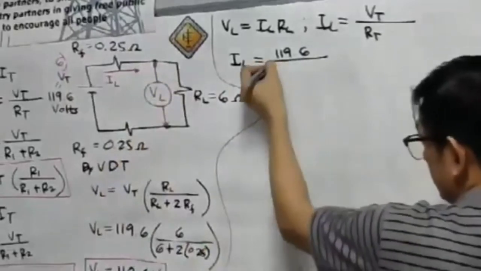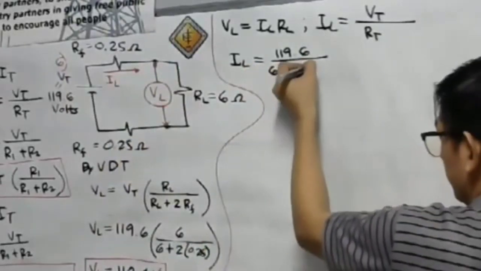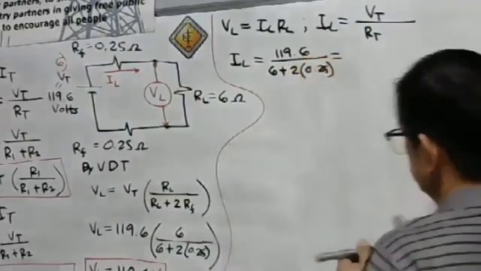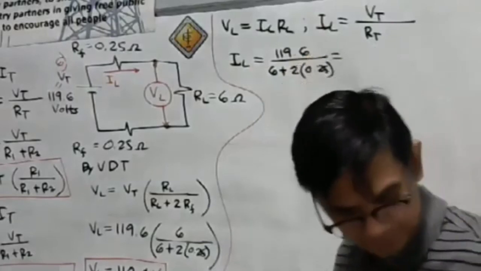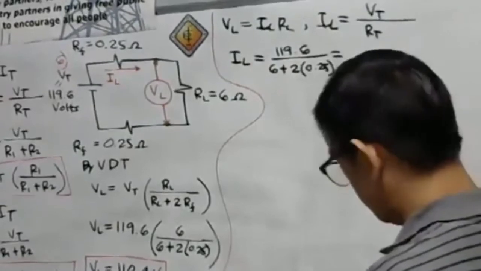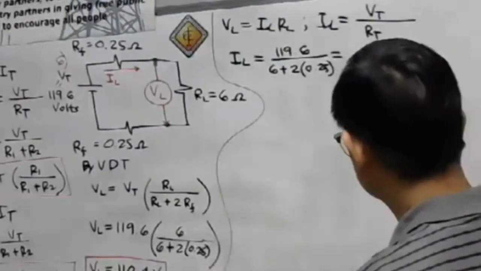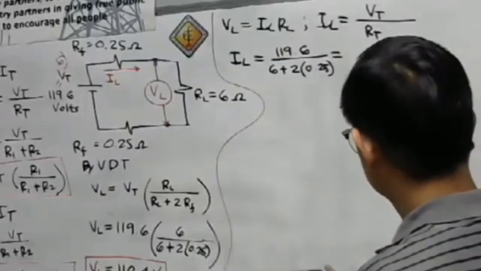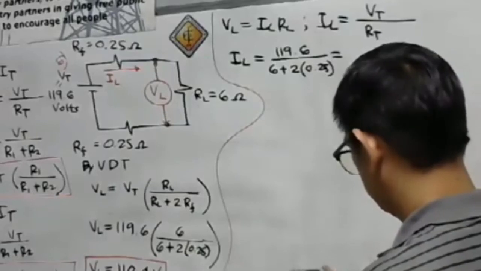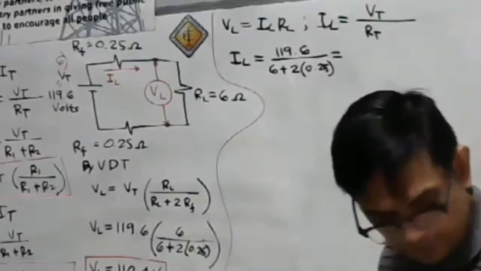So this is our 6 and then plus twice 0.25. This is 119.6 divided by the total resistance. So the answer is 18.4.